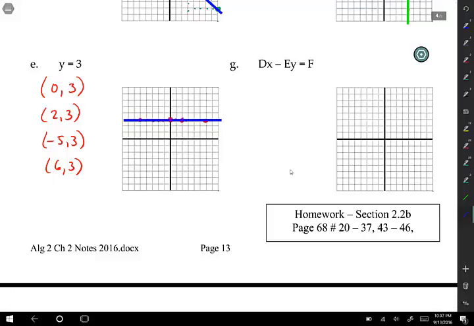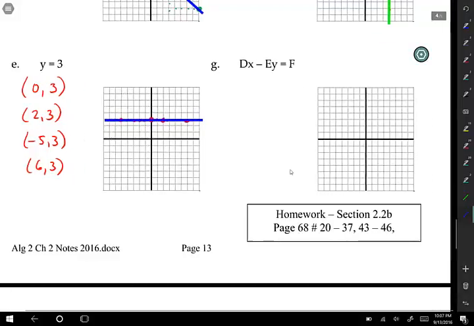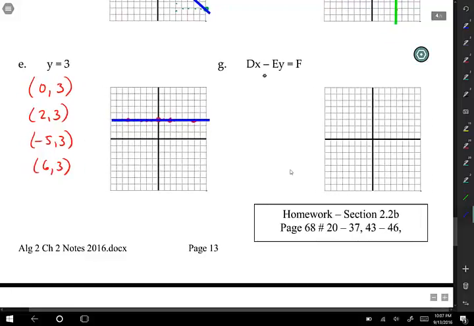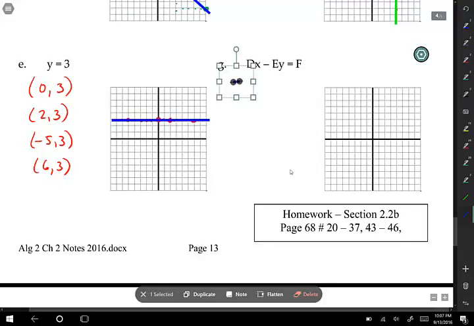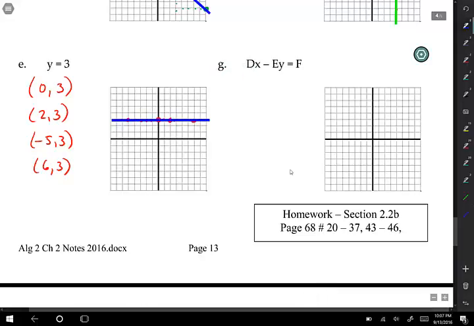Part G, we're asked to find the slope there. To find this slope, we're going to have to solve for y. So we subtract dx from both sides. Excuse me, we need to get back to a pen and get rid of that. So we're going to subtract dx from both sides.